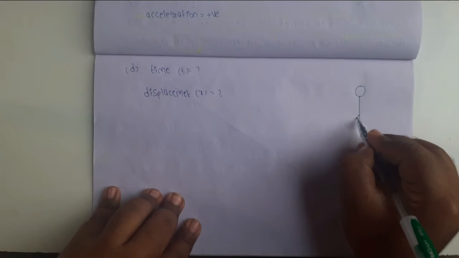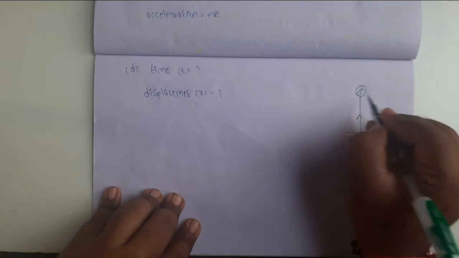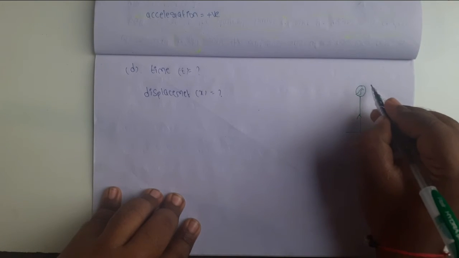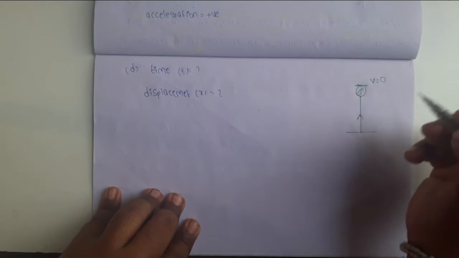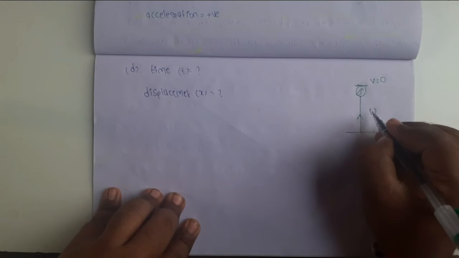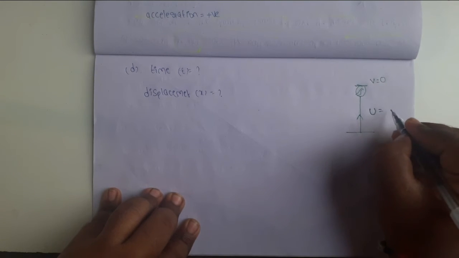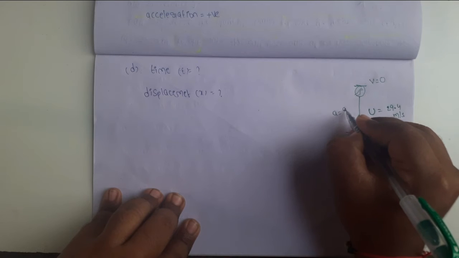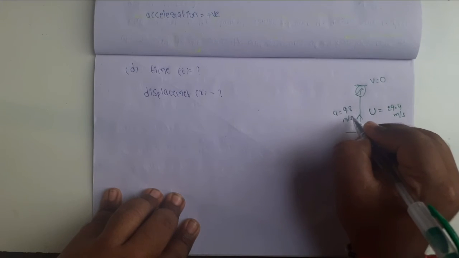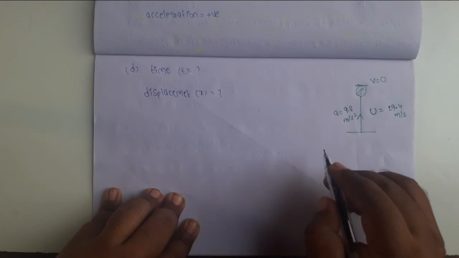When the ball is thrown in the upward direction, at the highest point the final velocity v equals 0. The ball is thrown with the initial velocity u equal to 29.4 meters per second, and acceleration a equal to 9.8 meters per second squared.